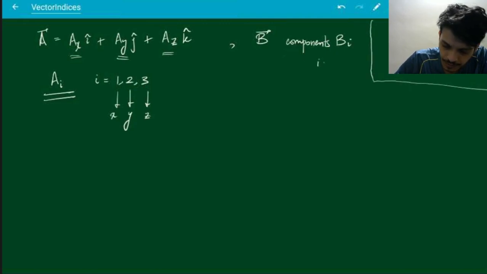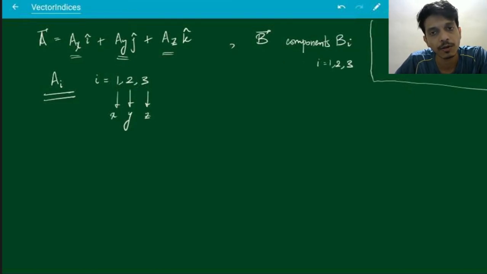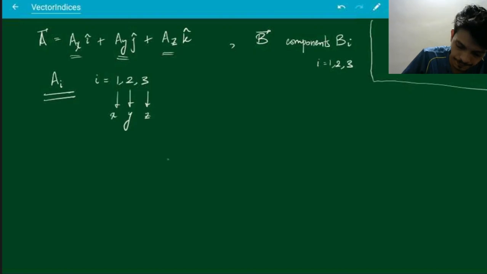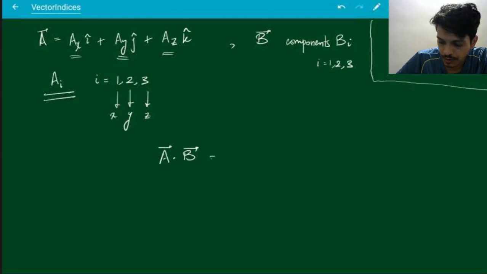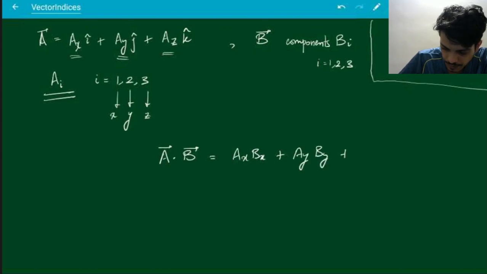Where i can be 1, 2 or 3. Question is, how do I write the dot product of A and B? Normally you would say A dot B is AxBx plus AyBy plus AzBz.